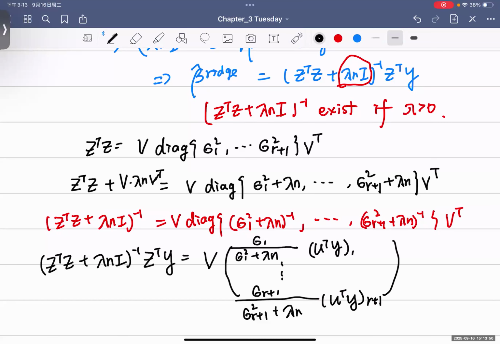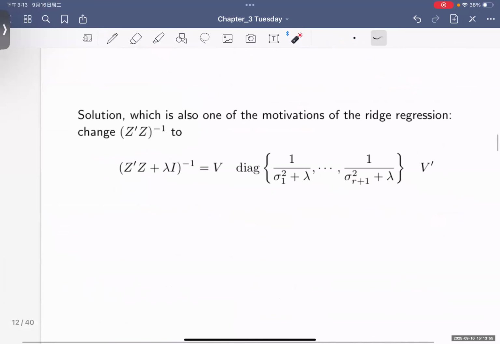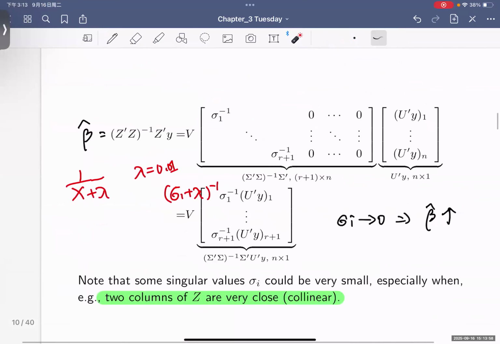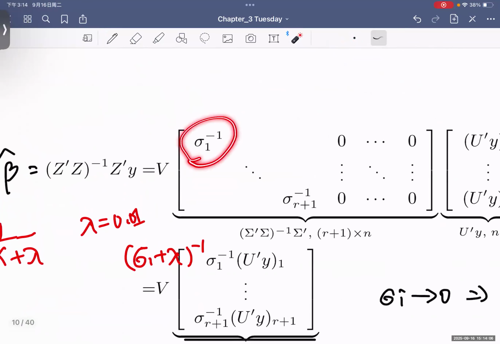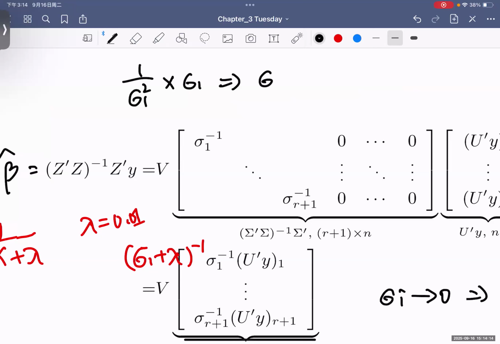How does it come about? We can compare with the previous one. Previously, sigma 1 inverse came from sigma 1 squared inverse times sigma 1. But now lambda n is added here, so it becomes sigma 1 over (lambda n plus sigma 1 squared).